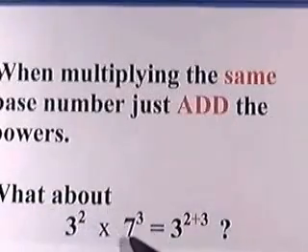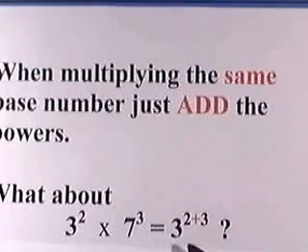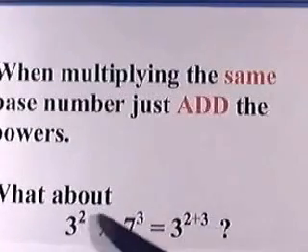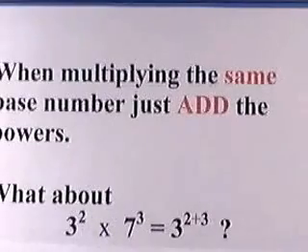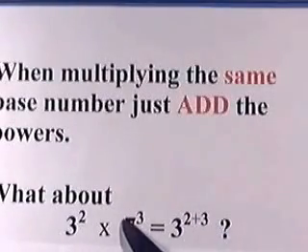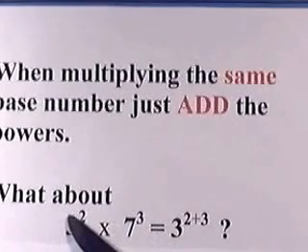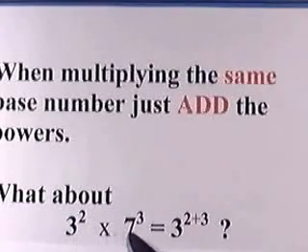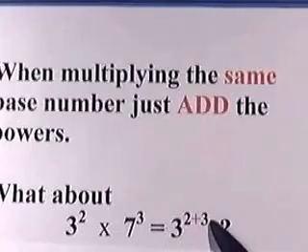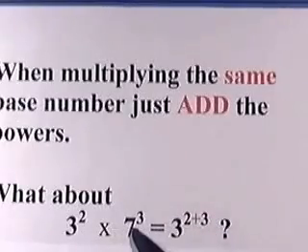3 to the power of 2 times 7 to the power of 3. Isn't that just 3 to the power of 2 add 3, where we add the powers? Certainly not. The reason you can't do this is that this 7 and this 3, the base numbers, are not the same. So this makes absolute nonsense. This cannot be done.